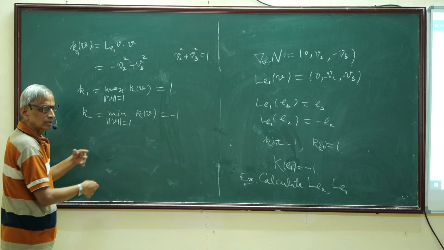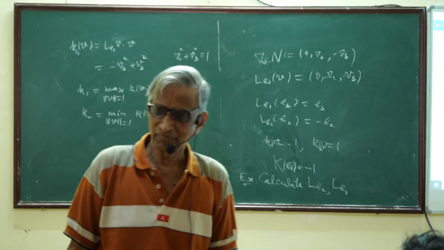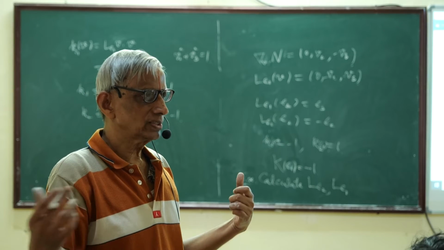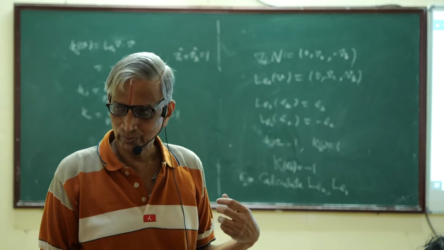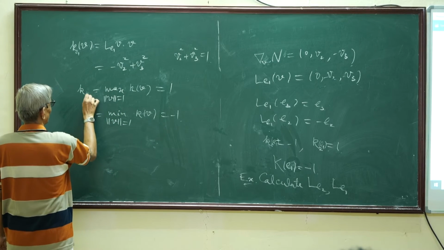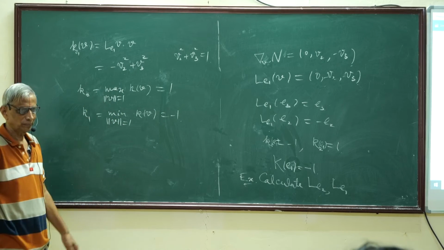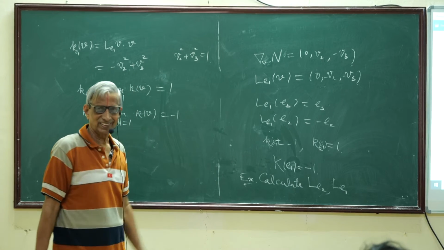So no, the notational confusion. Right? So the largest one should be called K2, right? So this is K2, this is K1. Yeah, okay, here I have written it's fine.